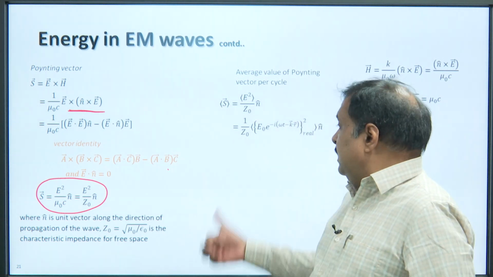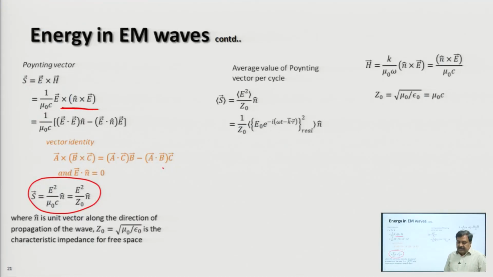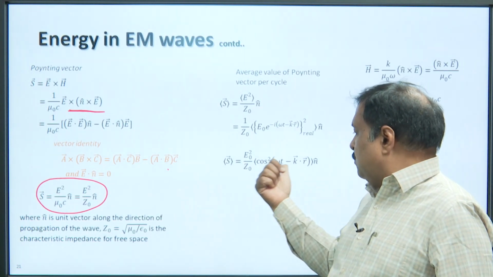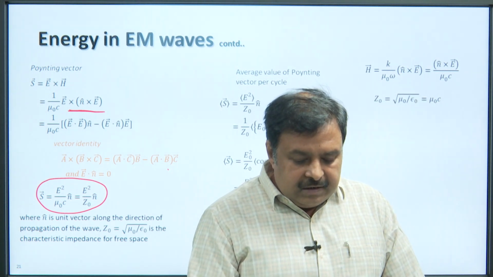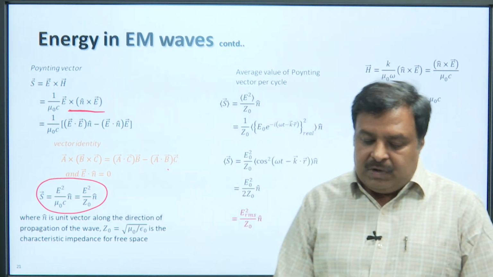If we take the variation of the electric field as E 0 e to the power minus i (omega t minus k dot r), then for the evaluation of the average value we take only the real part, and we take the average of cos square (omega t minus k dot r). Then we get the average value of the Poynting vector as E 0 square by 2 Z 0.